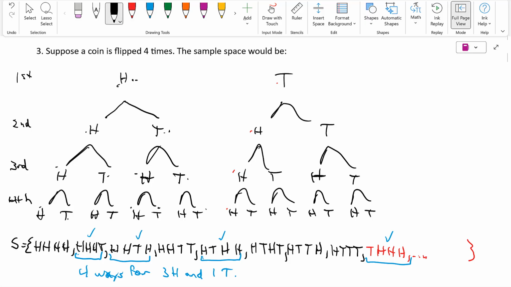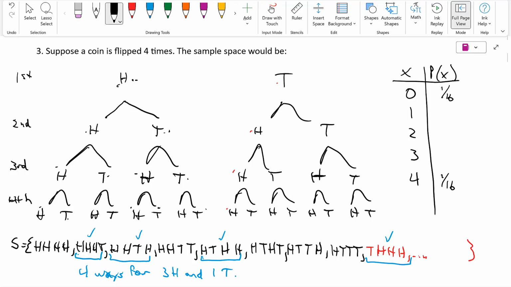And so when they are small distributions, we could write out our x's and our p of x's to get our probabilities. We could get 0, 1, 2, 3, or 4 heads if we flip 4 times. And it's going to be a 1 out of 16. There's only one way to get all heads or no heads, right? Meaning you'd get all tails. We just looked at a 4 out of 16 for getting 1 and 3.